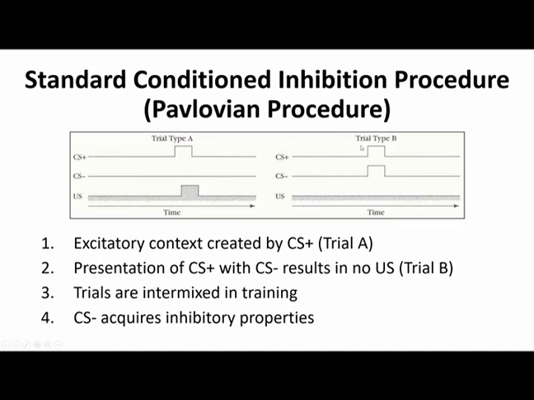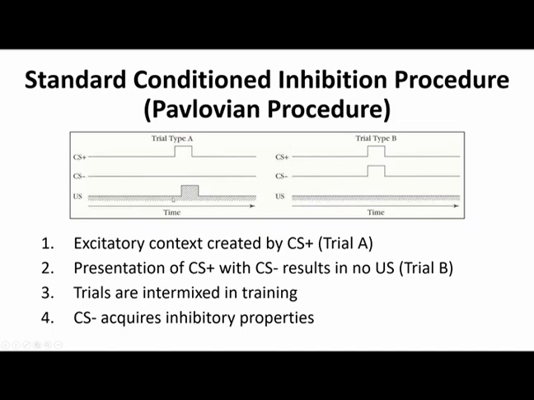Trial type B modulates that. This time, when the CS plus happens, it's paired with a CS minus, so we're seeing a simultaneous delivery here, and we don't get any US at all. So basically, the presentation of both CS plus and CS minus gives us no unconditioned stimulus. That's our trial type B.